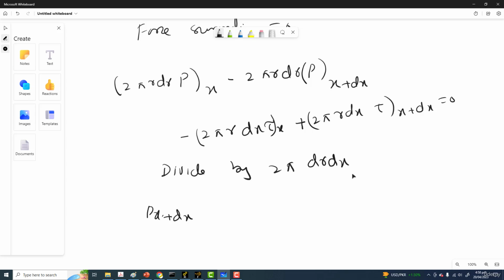The minus sign here, minus P at x, is positive P at x, and the positive P at x plus dx will be a negative value. That's why I took the minus sign common from these two terms. And finally we get dx, because we are dividing by 2 pi, so 2 pi will be cancelled, and dr will also be cancelled, and here we have dx remaining in the denominator.